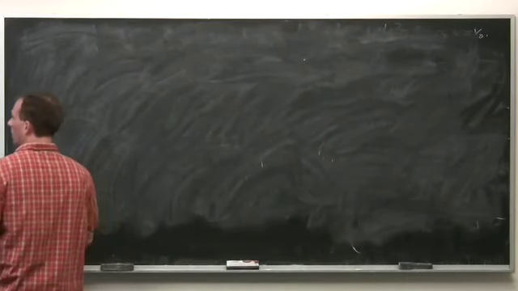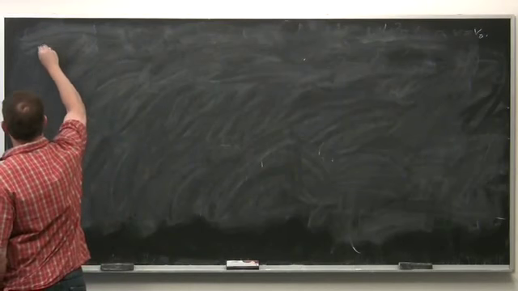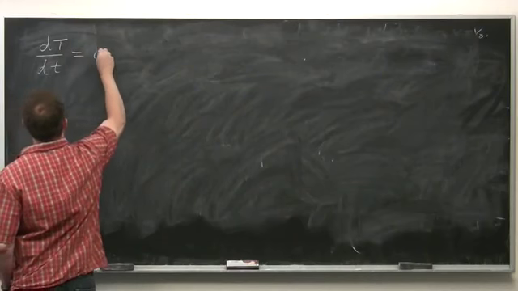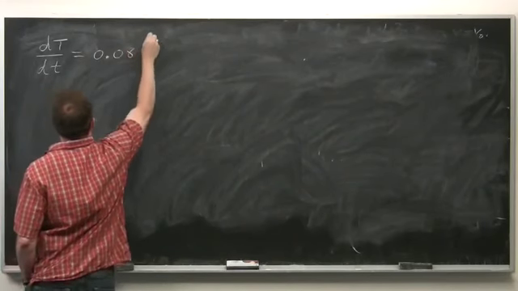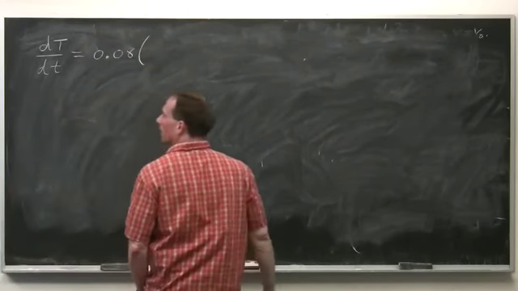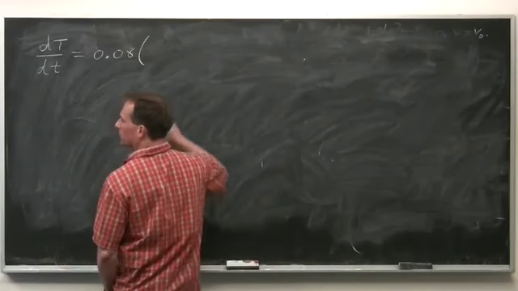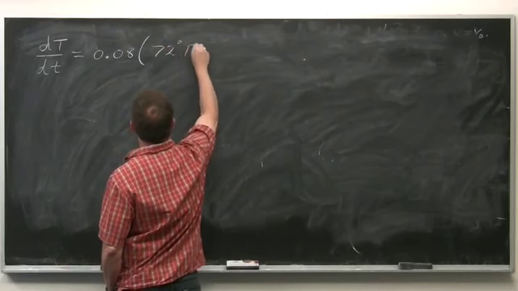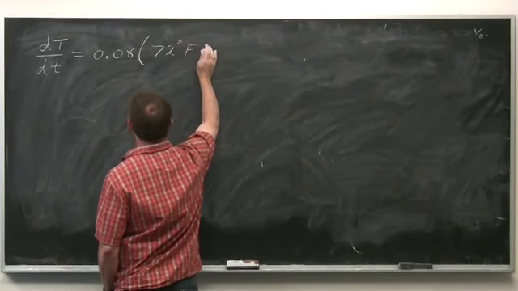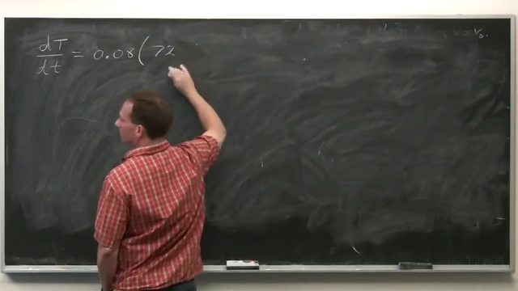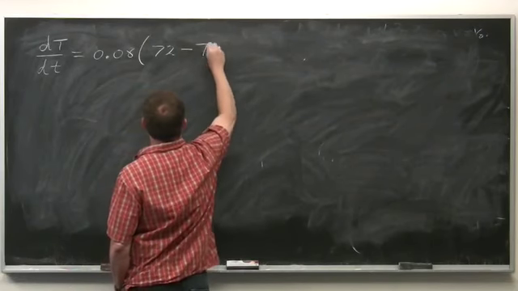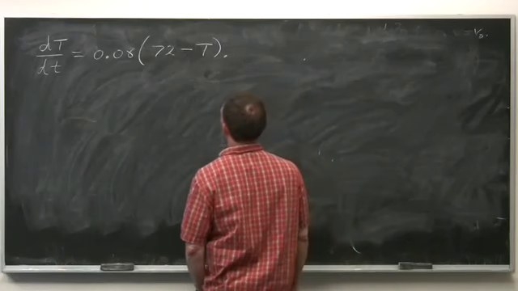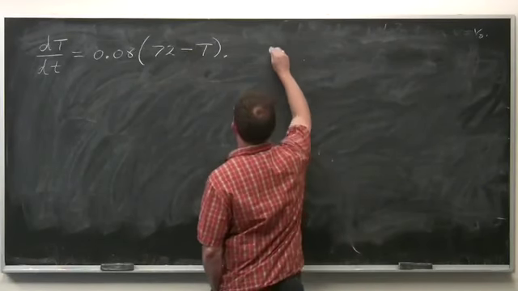So we get dT/dt equals k, which is 0.08, times the ambient temperature, 72 degrees Fahrenheit. I'll drop the units, they're all consistent. 72 minus T. We don't know T at time t, and we do know T at time 0.